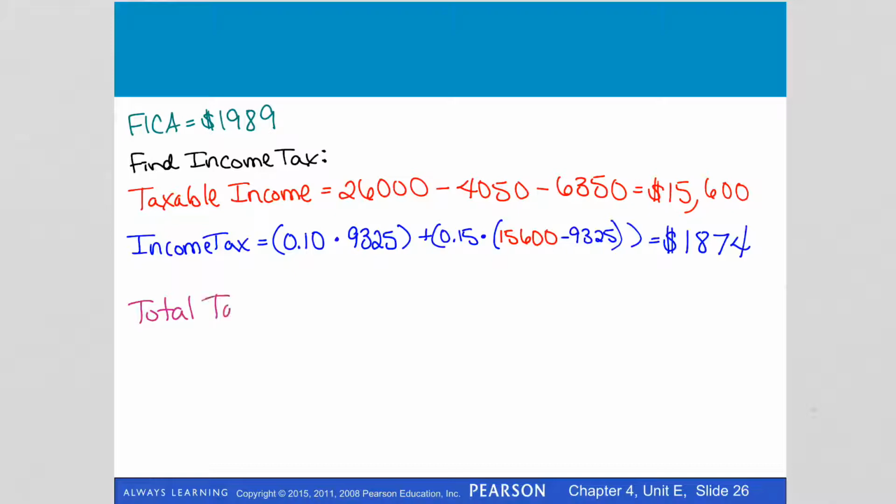Her total tax then is the FICA, 1989, plus her income tax, 1874. Totals to $3,863. Okay?